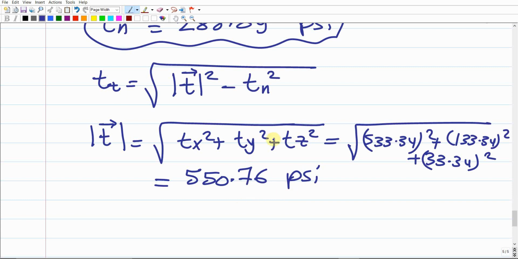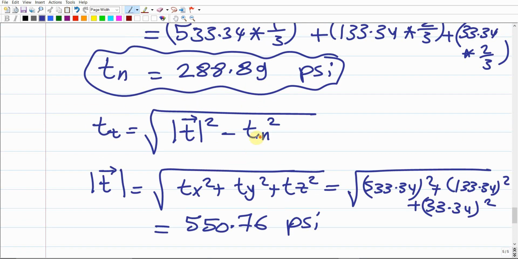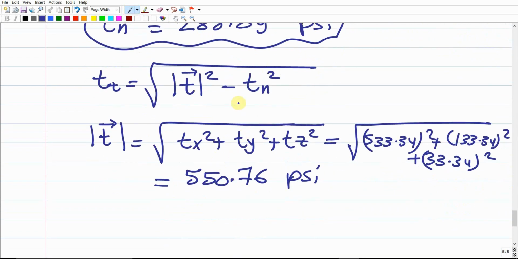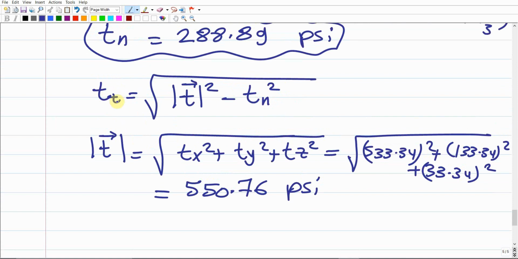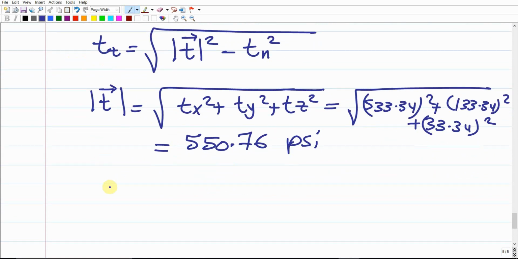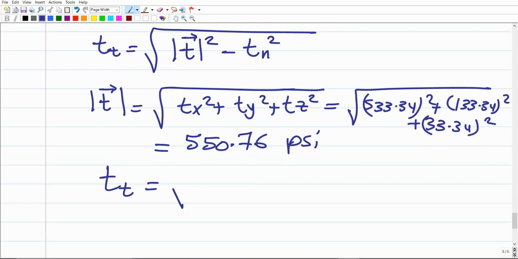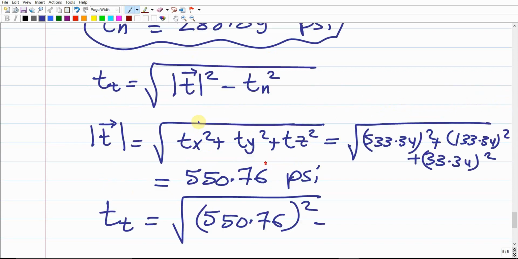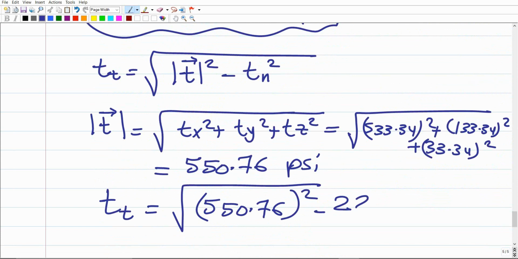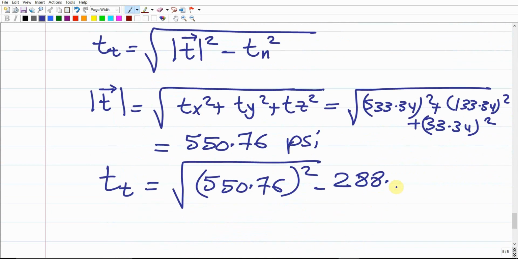Then you just subtract the square of the normal component from the square of the magnitude to end up with the tangential component. So the tangential stress, which is parallel to the surface, should be the square root of 550.76 squared, negative the normal component, which is 288.89 squared, under the square root.